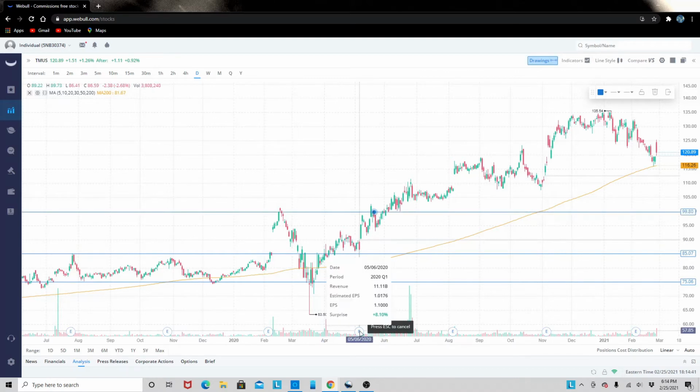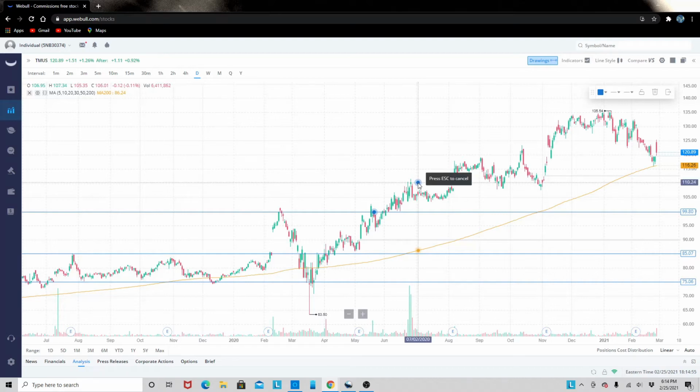Now, after they beat earnings right here in May of 2020, you could see it broke through our 100 resistance, and it came up here to our next resistance point, which was $110. And it had a little trouble breaking through that point until our next earnings report, which was in August of 2020. So we're going to mark 110 as our next resistance point.